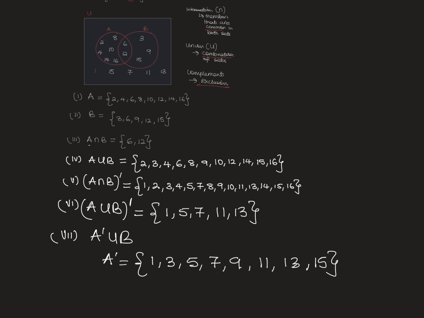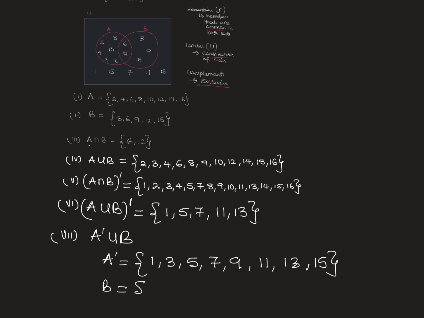Okay, members that are not found in A. If you look at it very well, A complement will be if you exclude this. So what you're going to have? You're going to have 1, 3, 5, 7, 9, 11, 13, and 15.